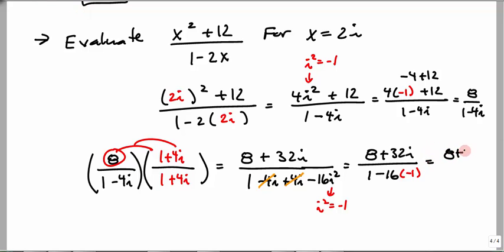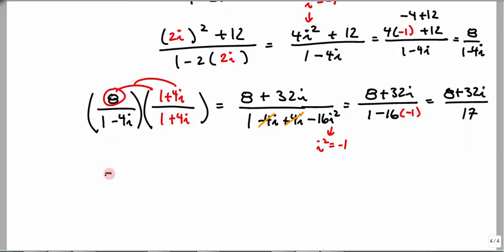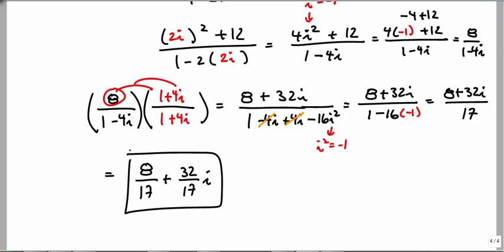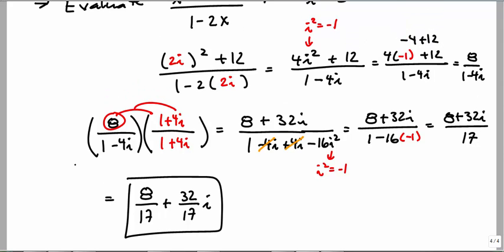So 8 plus 32i all over, negative times a negative is a positive, 1 plus 16 is 17, but that's not my answer. I need to put it in a plus bi form. So I'll have 8 17ths plus 32 17ths i. There's my solution.